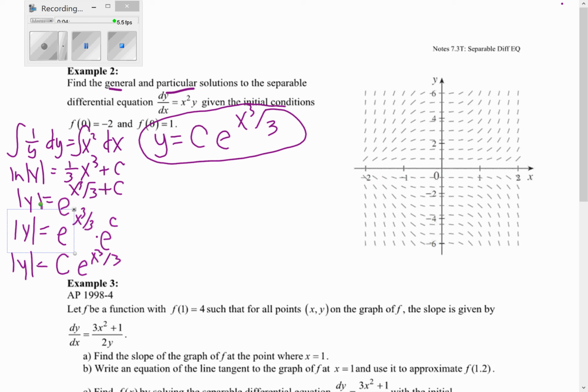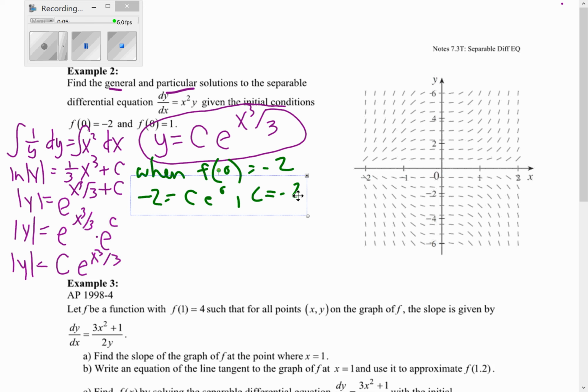Now I have 2 initial conditions to try. We'll say when f of 0 equals -2, e to the 0 is just 1, so c equals -2.